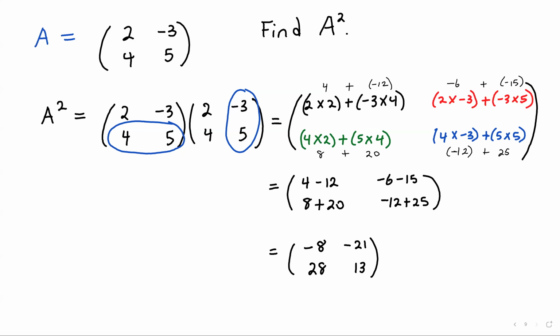So A squared is equal to -8, -21, 28, 13, right? So if you are ever asked to find the square of a matrix, you have to literally multiply the entire matrix by itself, not just squaring the elements inside, right?